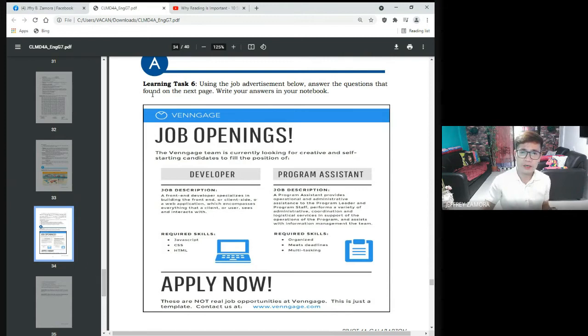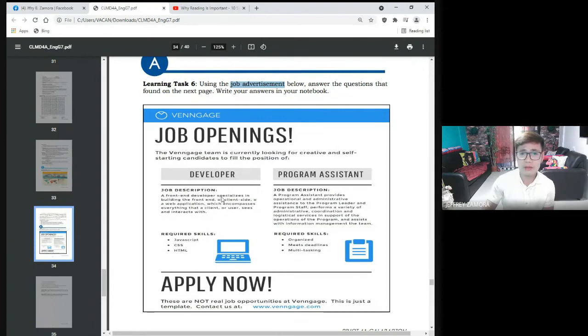Learning task 6 focuses on an example of a job advertisement, just like a brochure or the classified ads posted in a magazine or in a newspaper.